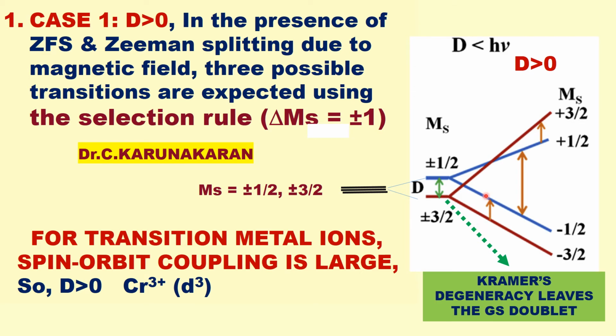The transition from minus 3 by 2 to minus 1 by 2, and the transition from minus 1 by 2 to plus 1 by 2, are allowed using the EPR selection rule, delta Ms equal to plus or minus 1. This is the splitting diagram for chromium 3 plus d3, where the spin orbit coupling is large.